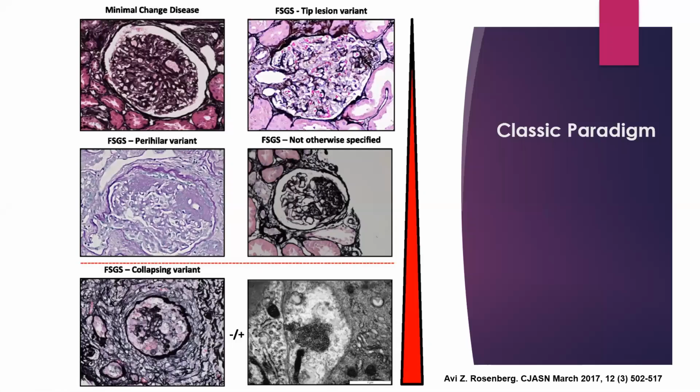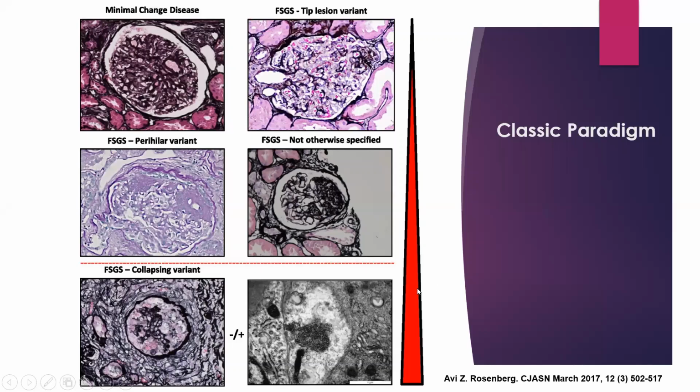The LM of the focal segmental, Dr. Abdullah discussed the LM finding, but I'd like you to see this arrow. We all know that the classic paradigm for classification of FSGS is the tip lesion, perihilar lesion, not otherwise specified, and the collapsing variant.